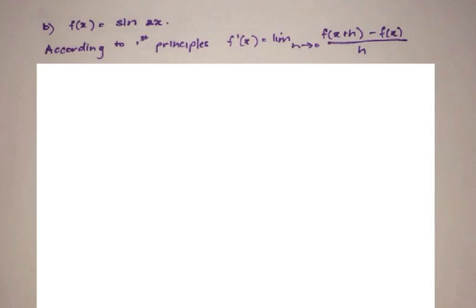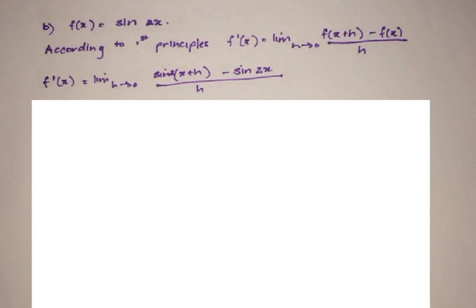Now we know that the f of x that we are given is sine of 2x. So therefore, using our first principle methods, we get that f prime of x is equal to the limit as h tends to 0 of sine of 2 times x plus h minus sine of 2x all over h.